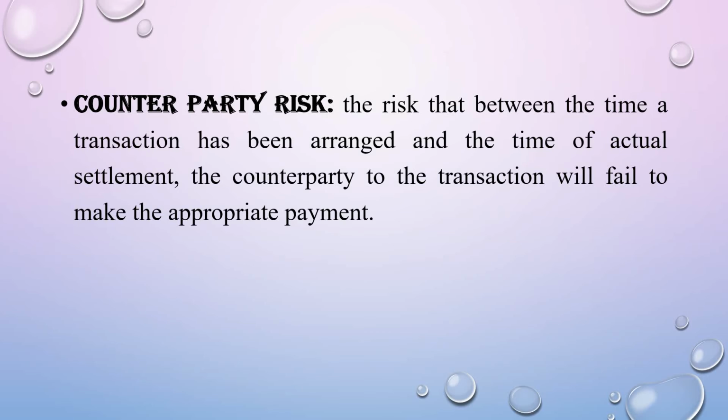It is the risk that between the time a transaction has been arranged and the time of actual settlement, the counterparty to the transaction will fail to make the appropriate payment. Any party in the contract, at the time of settlement, if it does not make a proper payment, then the risk arises. That is known as counterparty risk.